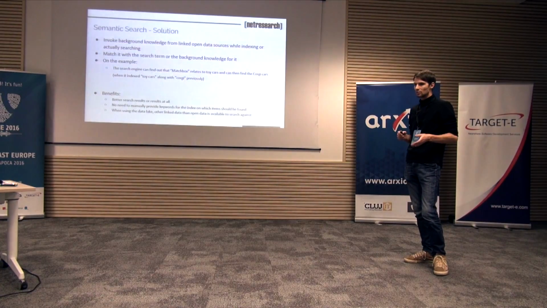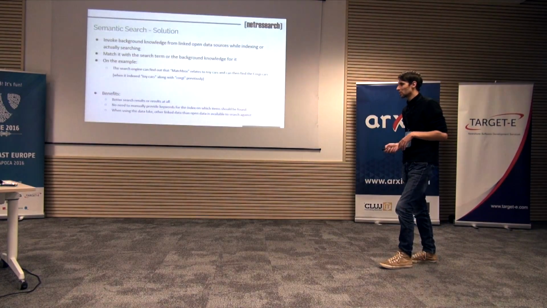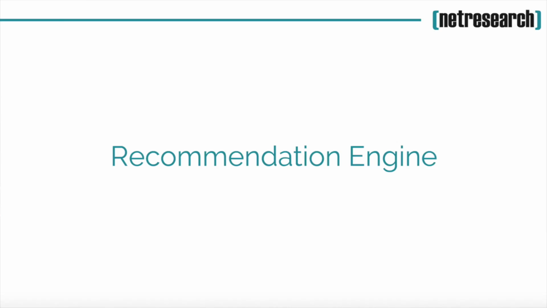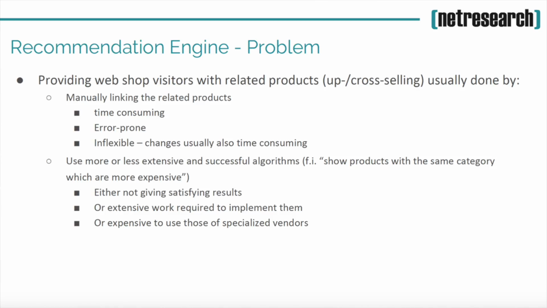And the last use case goes in a similar direction. It's about recommendation engines. You know the related products that you usually see on Amazon or in any web shop, which is also known as up- and cross-selling.